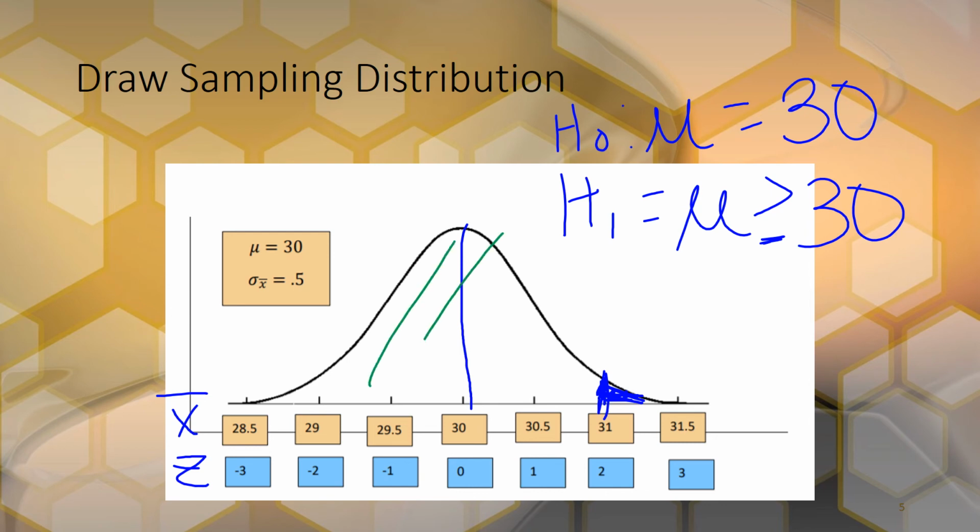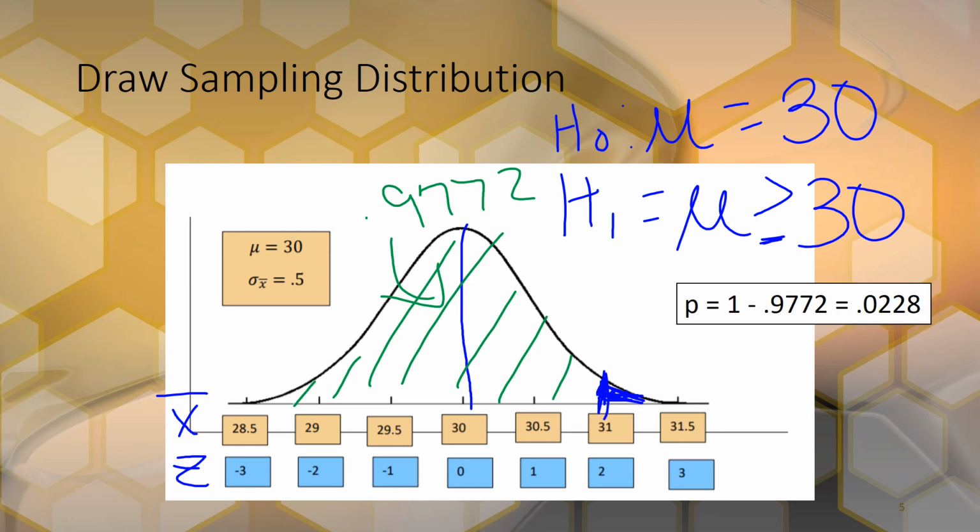So this area is 0.9772 because that's the percentile, the probability below. But we want to find the probability above. So we do 1 minus the percentile to get the 0.0228. And that will be our p-value for a greater than hypothesis. A less than hypothesis would be the 0.9772.